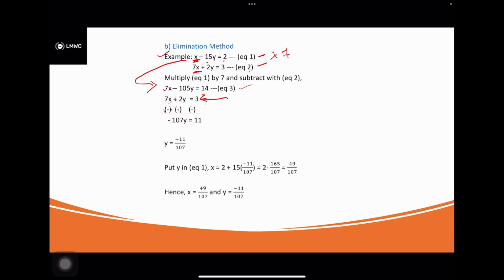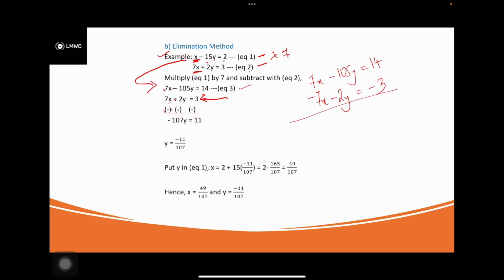Now the second equation will look like this: minus 7x minus 2y equals minus 3. And equation number 3 is already up here, which is 105y equals 14. Now if you simplify it, x and x are like terms, so plus 7 and minus 7 will be 0.